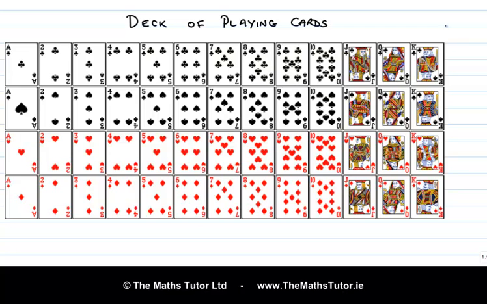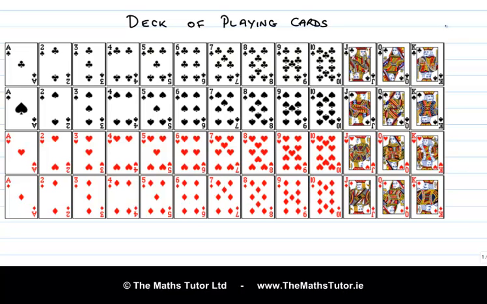So this is a standard deck of playing cards. The key point here is, well, how many are there? Well, the answer is clear. There's 52, right? It's a 52 card deck. So there are 52 possible outcomes, and they're all equally likely. The likelihood of drawing any one card from the deck is the same as the likelihood of drawing any other card.